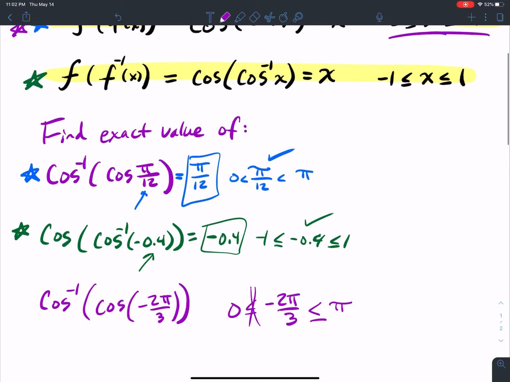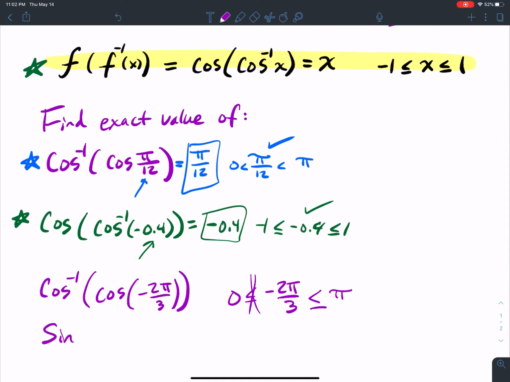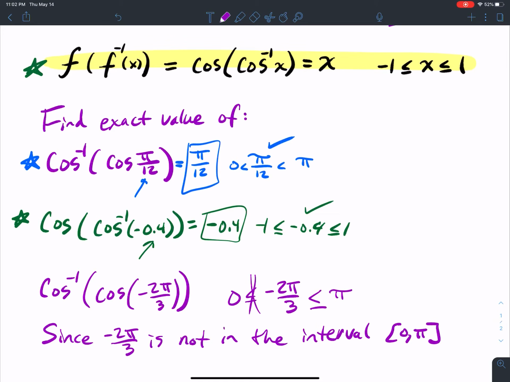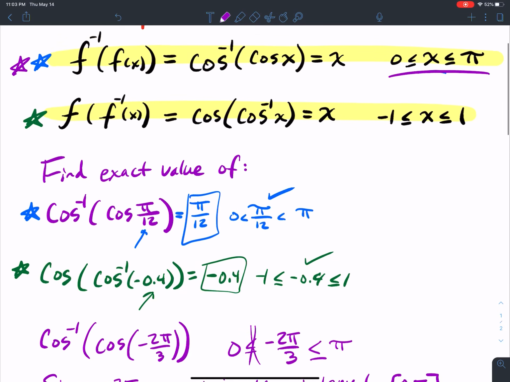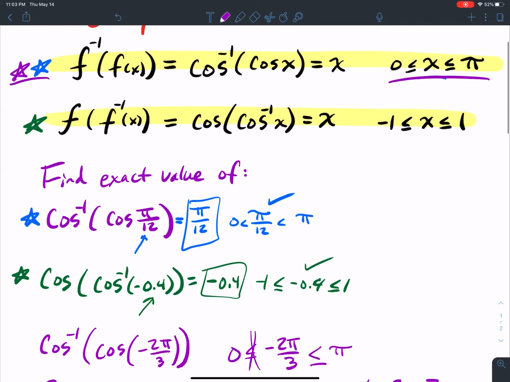Okay, so what happened here? Well, since -2 pi over 3 is not in the interval from 0 to pi, then we cannot use the property that we find right here.